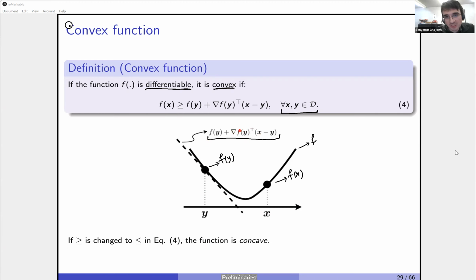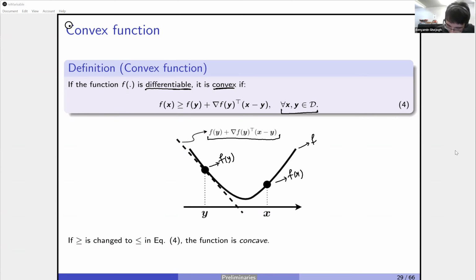This is the inner product. So the inner product between x minus y and the derivative. You remember, take this, transpose this, means the inner product of these two. And it's so obvious, the tangent is always related to the derivative, because the derivative is the slope of the tangent, right? That's why this is the equation of this line, and this is f of x.